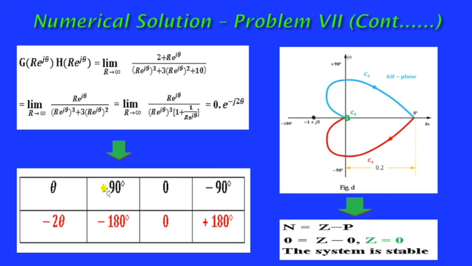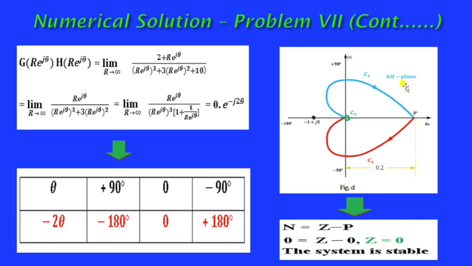Then minus 2 into 90, so this is minus 180, minus 2 into 0, so this is 0, minus 2 into minus 90, so plus 180. Then draw the C2 path. So starting of C2 path, minus 180, then 0, then plus 180. But this magnitude is always 0. Then draw C3 path. This is the mirror image of C1 path.